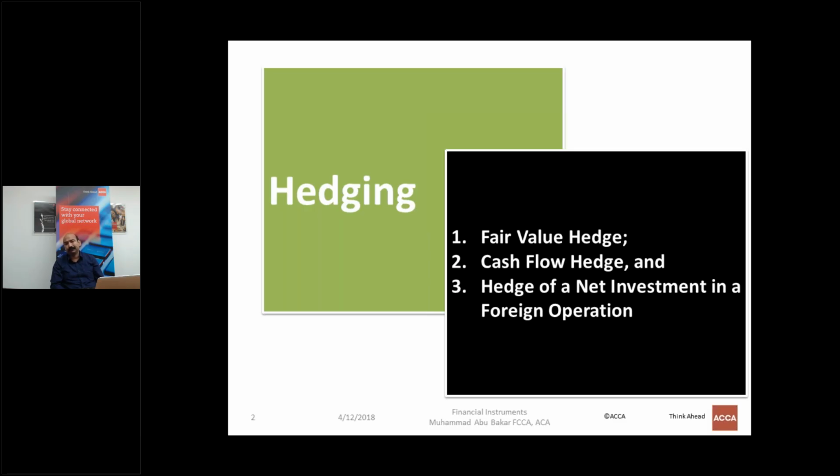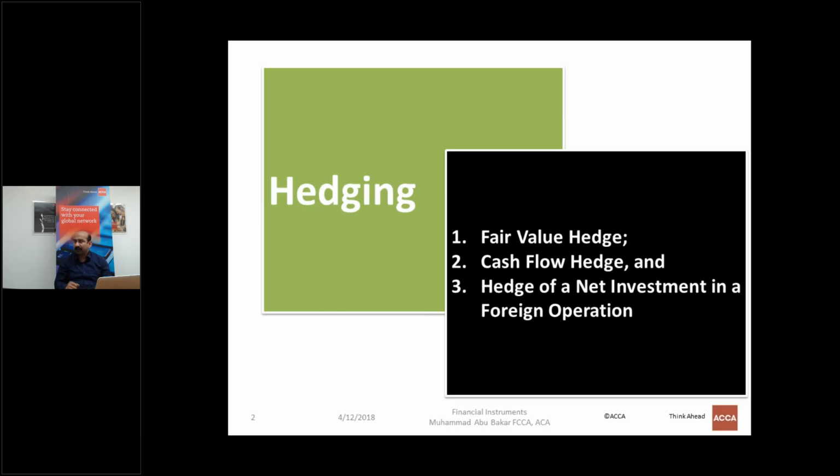Number two, once we decided, okay, this is a fair value hedge, or this is a cash flow hedge, what is the accounting treatment for the fair value hedge? And similarly, what is the accounting treatment for the cash flow hedge?